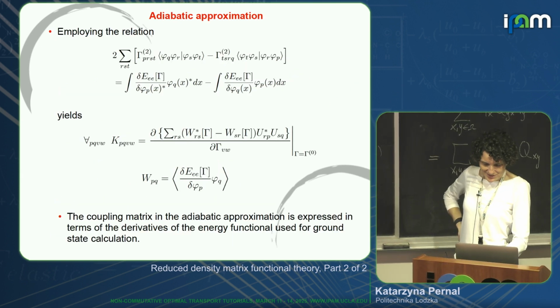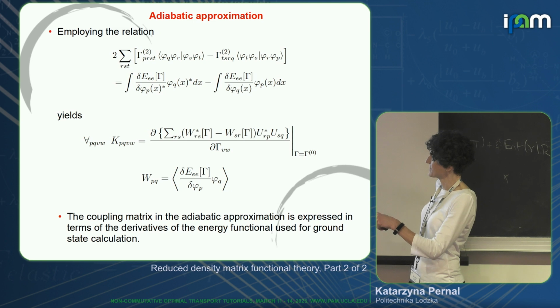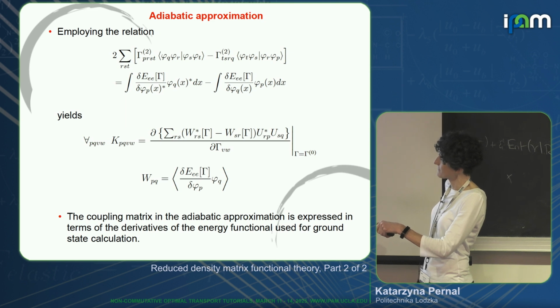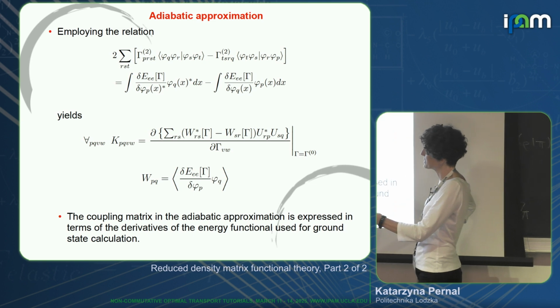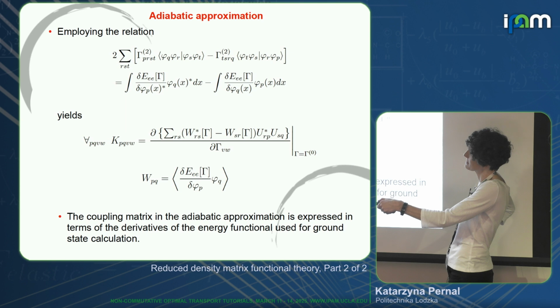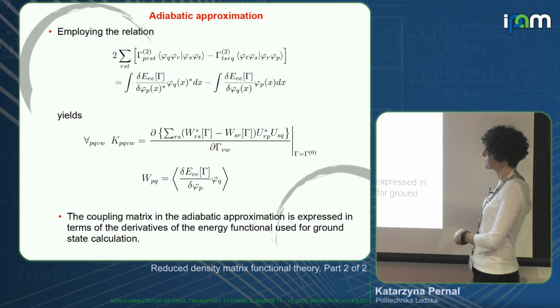The next approximation is given here, but we can skip it because I already said everything. If we knew a functional of the energy, and we have some approximations, or for a 2-electron system we even know this functional exactly, then we can immediately find this matrix K as derivatives with respect to the 1RDM.